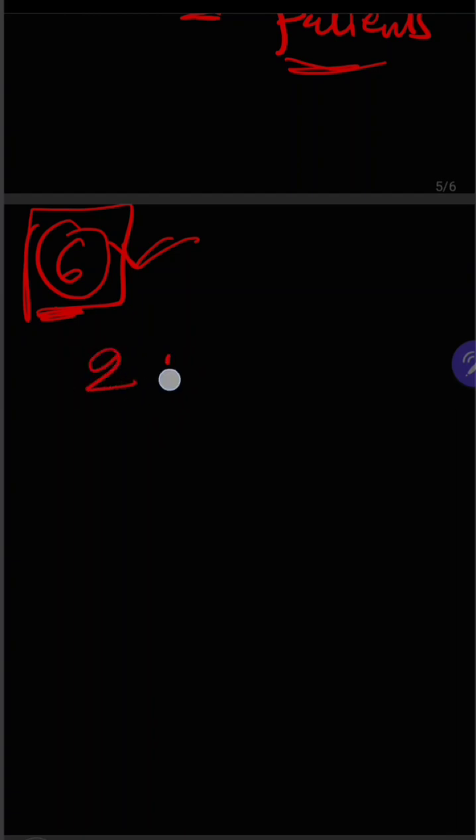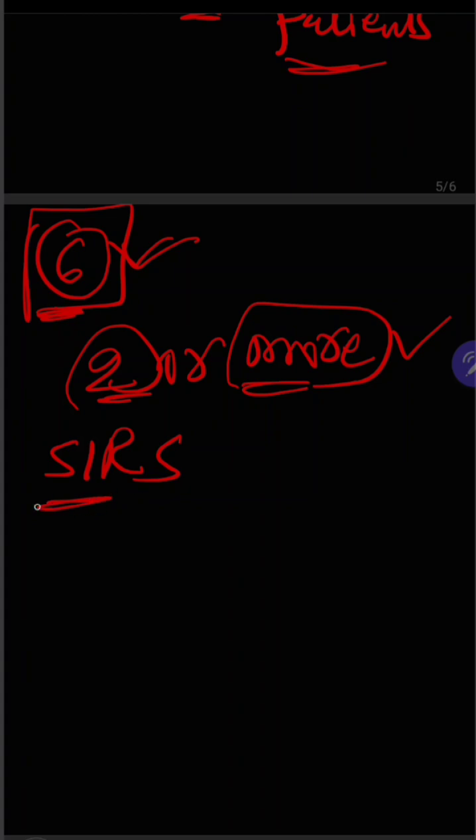So out of these 6 points, the patient should have at least 2 or more criteria to be said to have systemic inflammatory response syndrome.